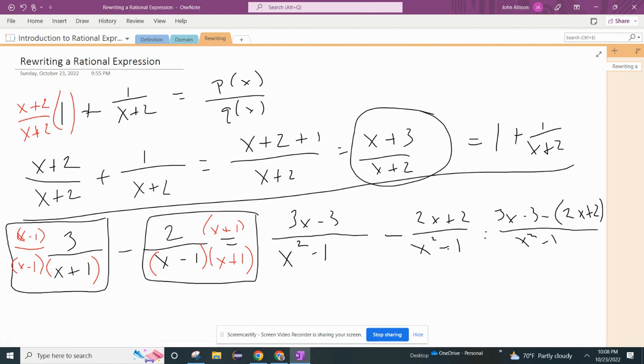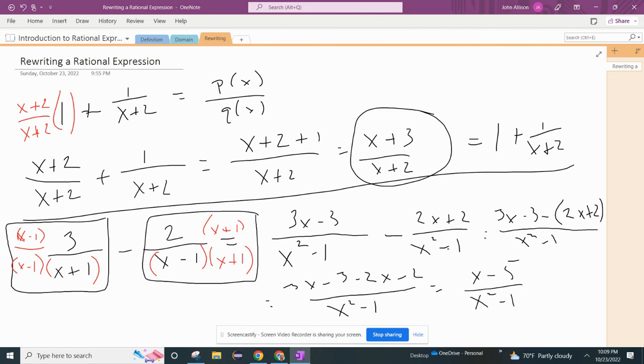And so now I'll simplify the numerator, and I get 3x minus 3 minus 2x minus 2 all over x squared minus 1. And that's equal to 3x minus 2x is just x, and negative 3 minus 2 is minus 5, over x squared minus 1.